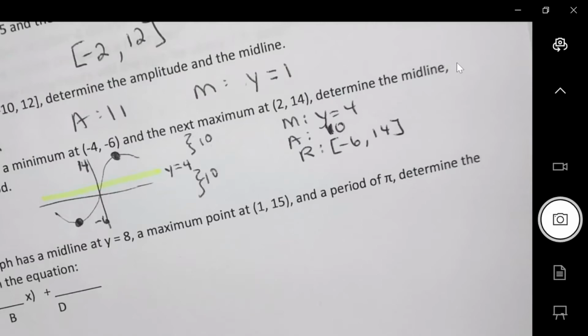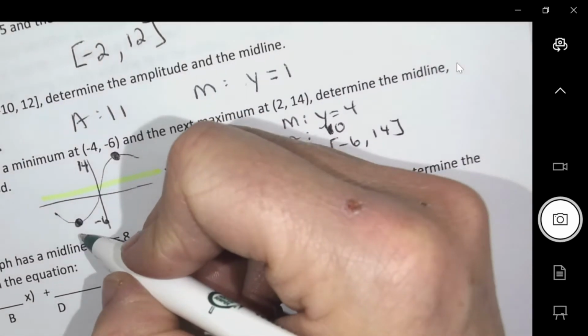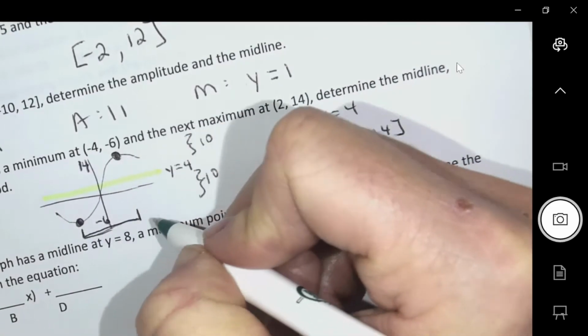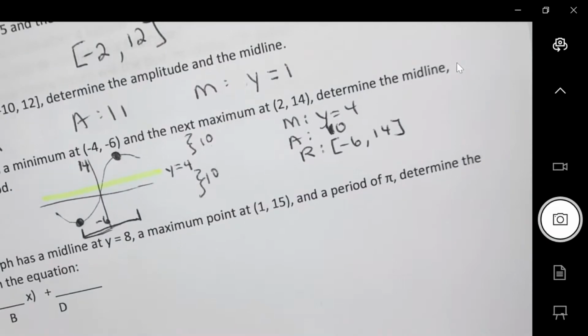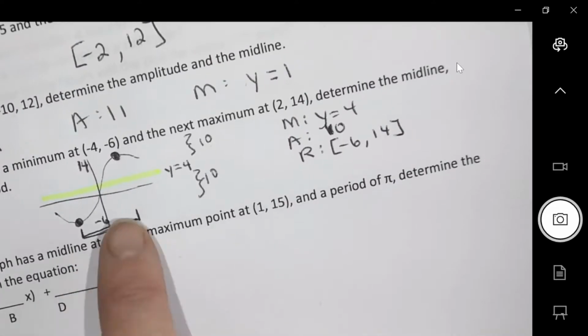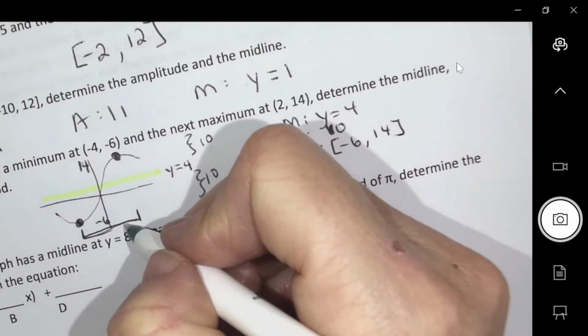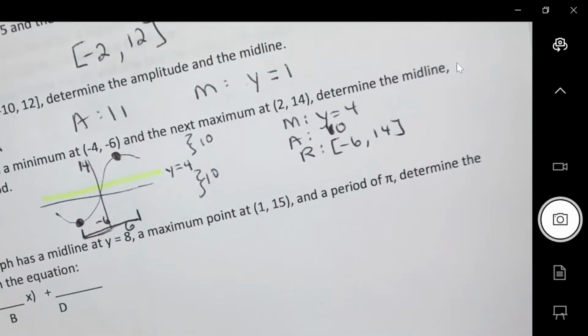Okay, period. Let's talk about the period of this. How much space, so horizontally, how much space is there in those 2 points? This was at -4 and now that's at 2. How much space is that? 6, okay?